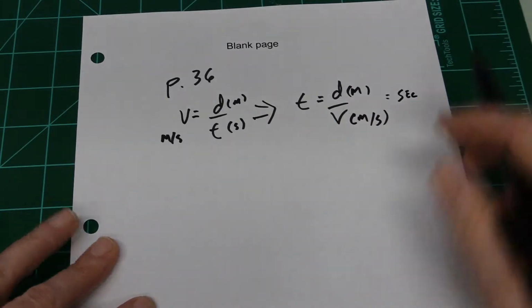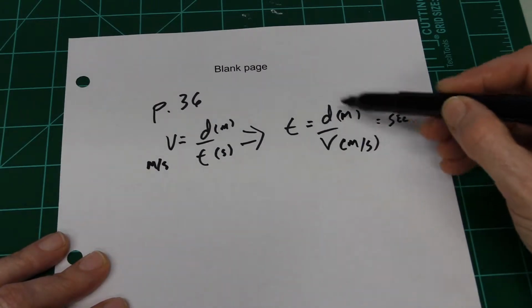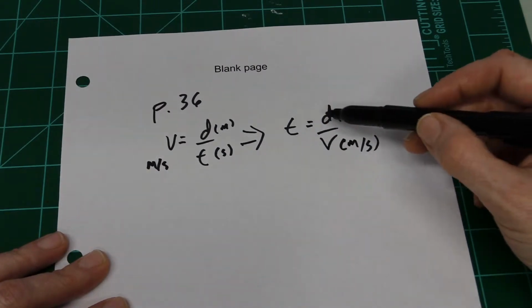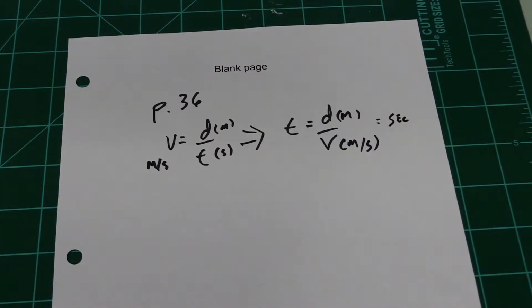And that's how I like to use units. I like to use units to make sure I'm conceptually understanding the different relationships. That's why we recommend you use units in this course.